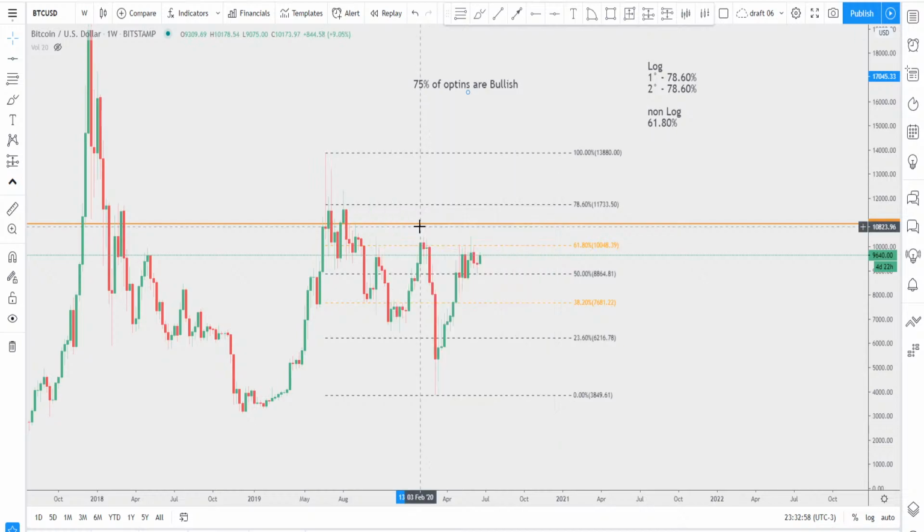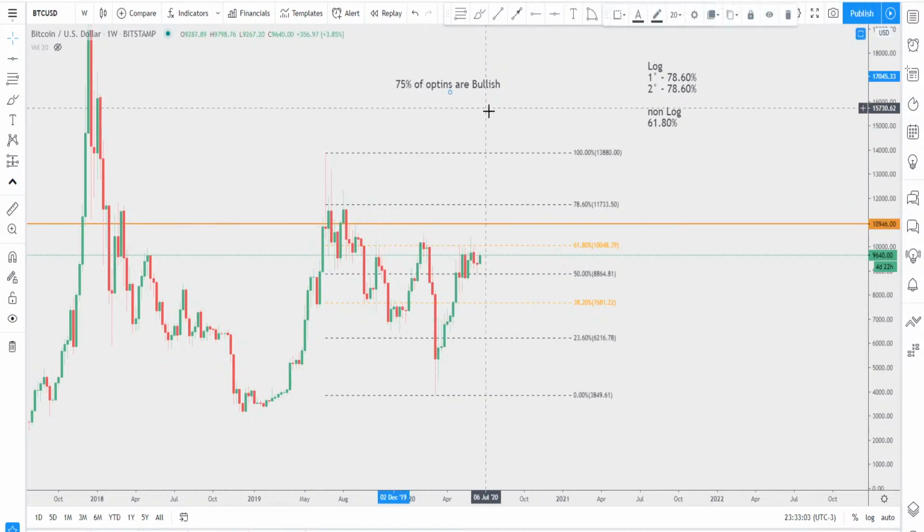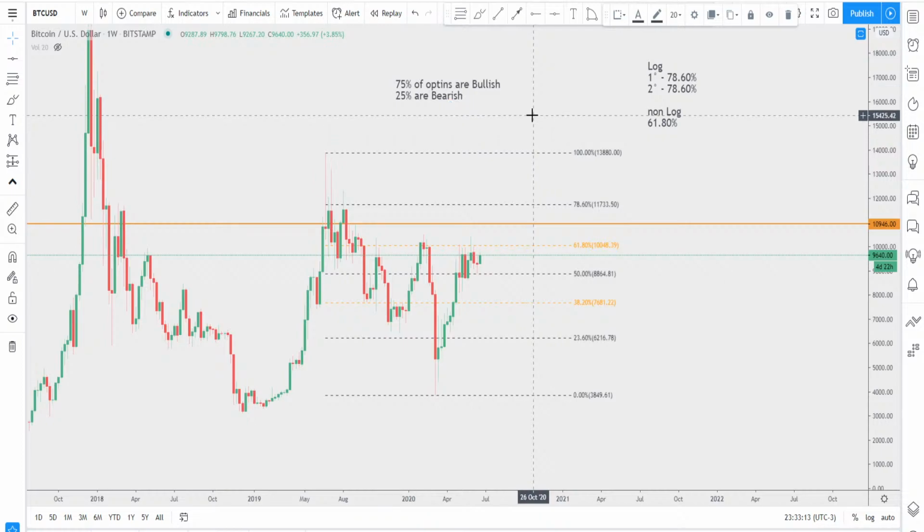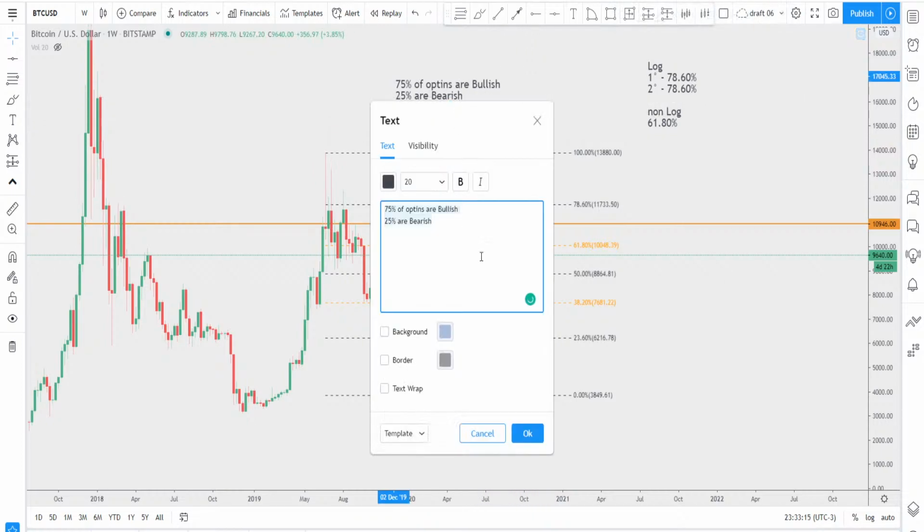So 25% are bearish. And this is a $1 billion open interest. 1 billion USD.